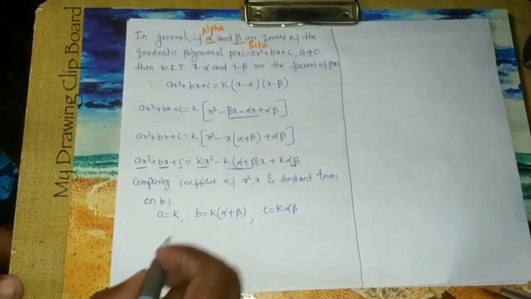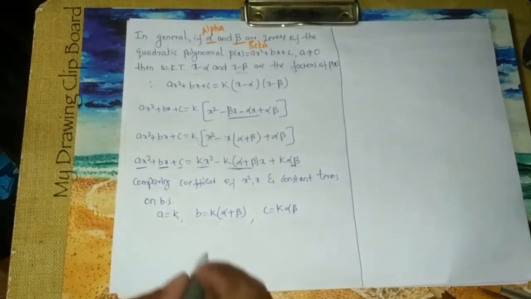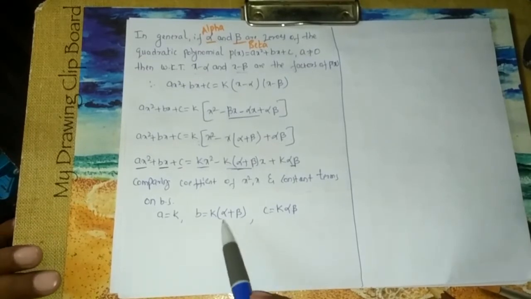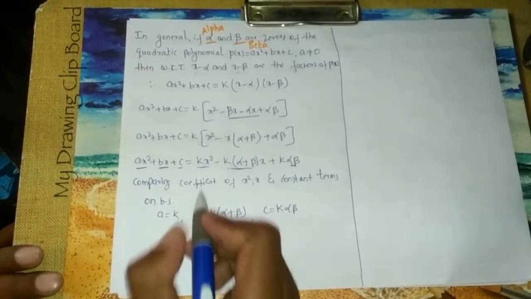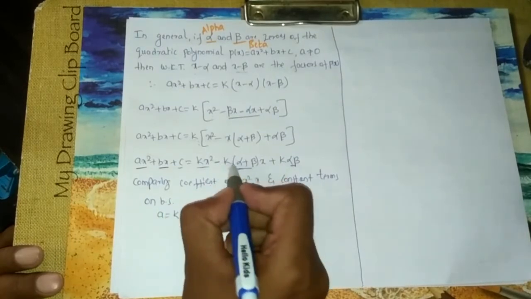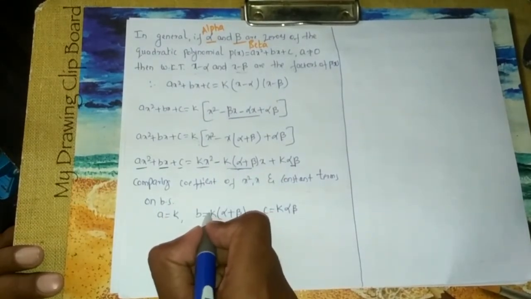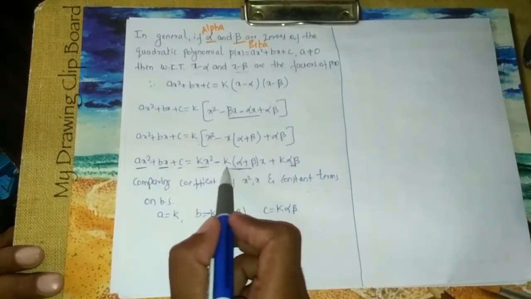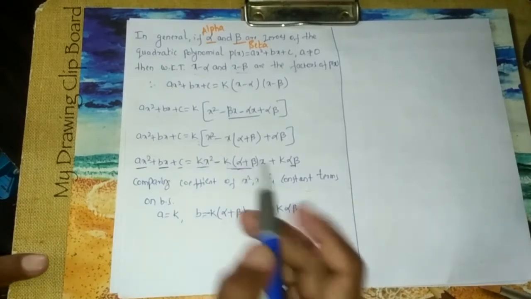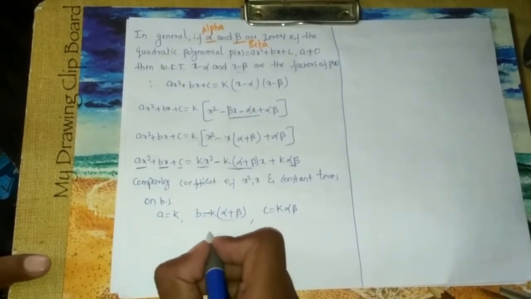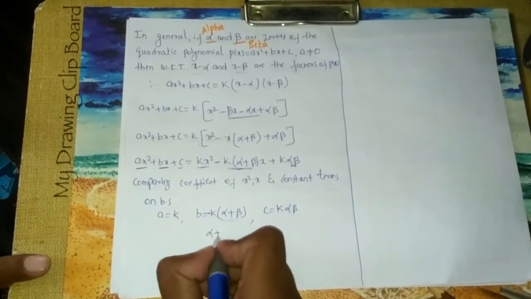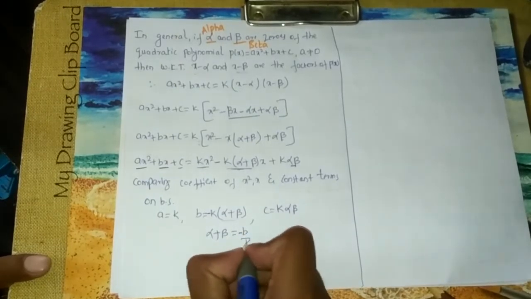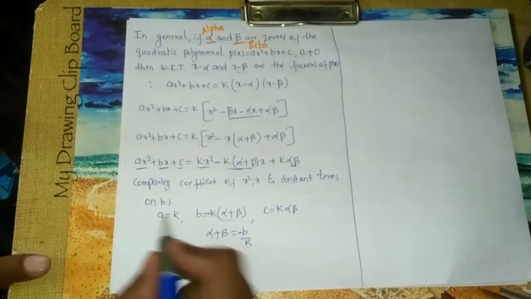Thus, coefficient of x will be minus k into alpha plus beta. Now I can write alpha plus beta equals minus b by k, where k is nothing but a.